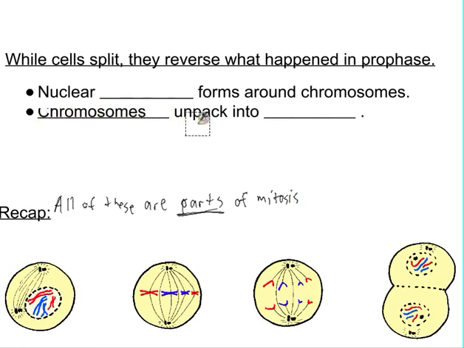So chromosomes unpack into what? Chromatin. Chromosomes unpack into chromatin. Prophase, chromatin packed into chromosomes. Now in telophase, it unravels so it can be used, right?